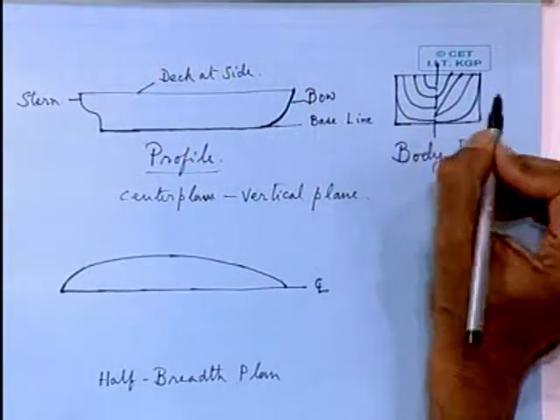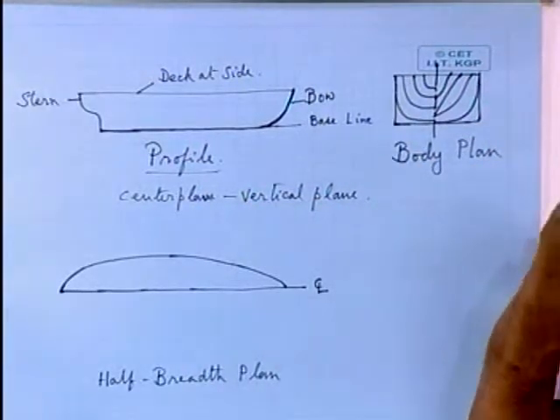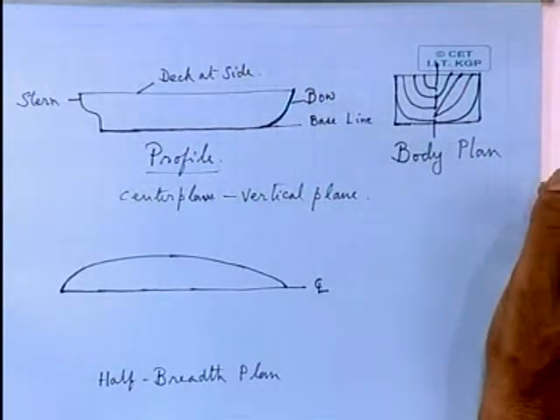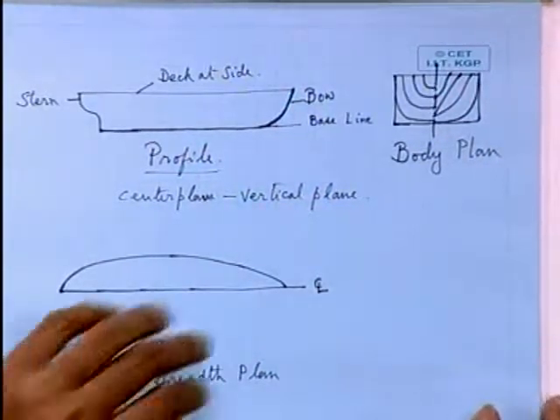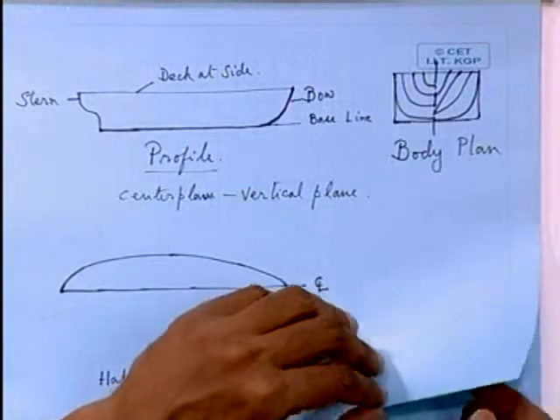Now, these plans are made by intersections of planes, orthogonal planes with the hull form.